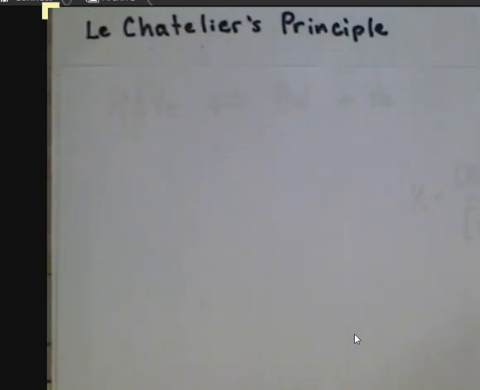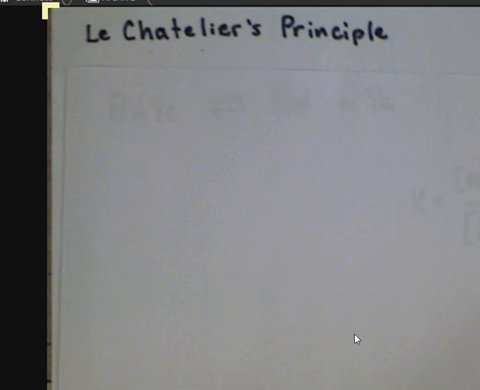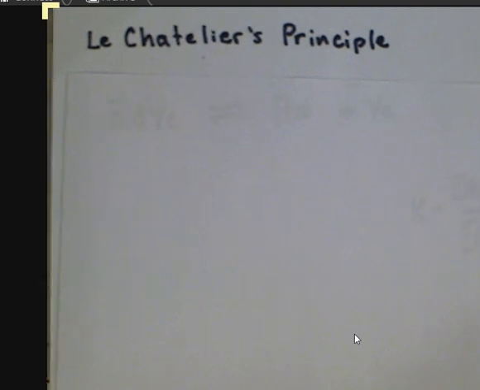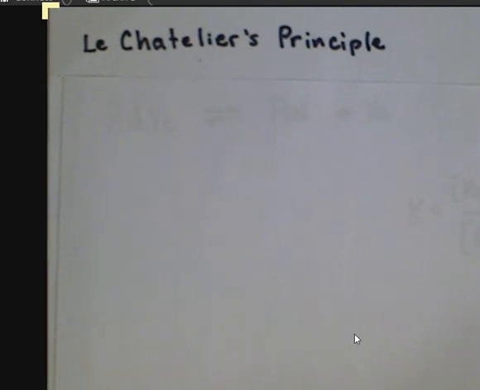So with that being said, we are still in chapter 15. We have one more topic to discuss, which is Le Chatelier's principle. Okay, so yes, that funky name there is pronounced Le Chatelier. It's not Les Chatliers, okay, French guy.